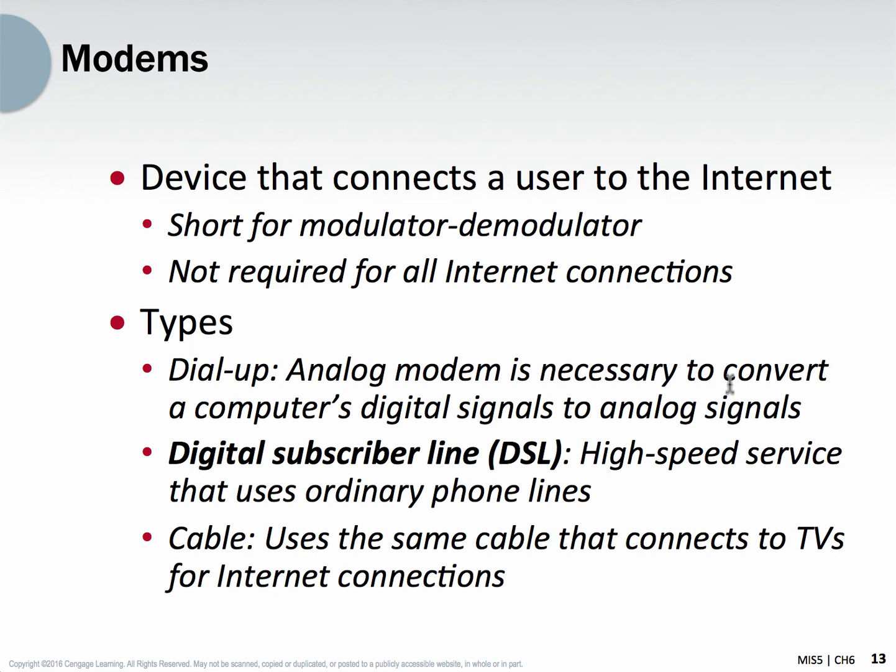Cable uses the medium of the cable line, which you would use to connect your television. It uses it for internet connections. And for each of these three, since they use existing technology in a different way, we need something to convert that signal. We need something to modulate and demodulate the signal as we want to use it. And that's called a modem.